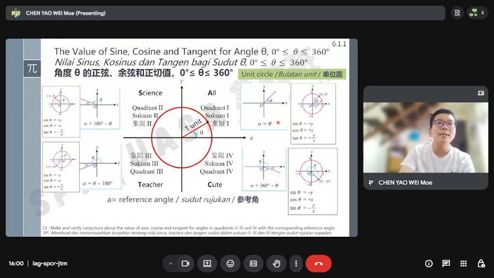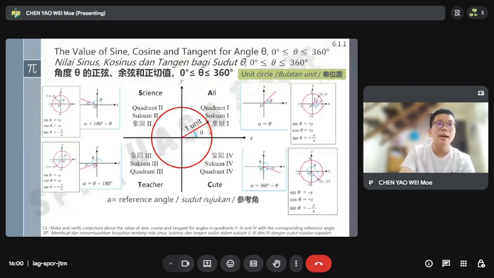And here, all the trigonometric ratios are positive: sine, cos, tangent all positive. You can try using a calculator. Any angle from 0 degrees to 90 degrees, all the answers are positive.